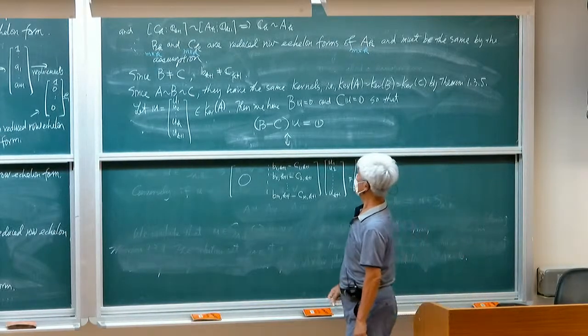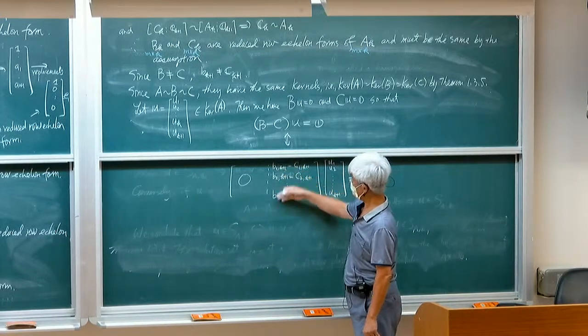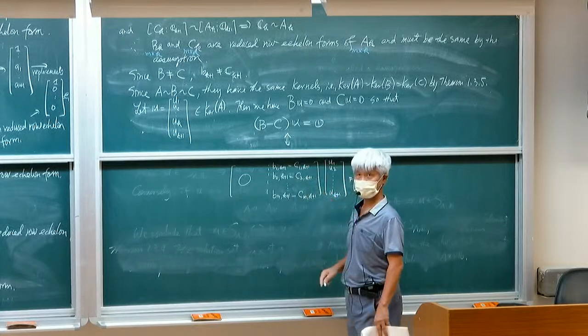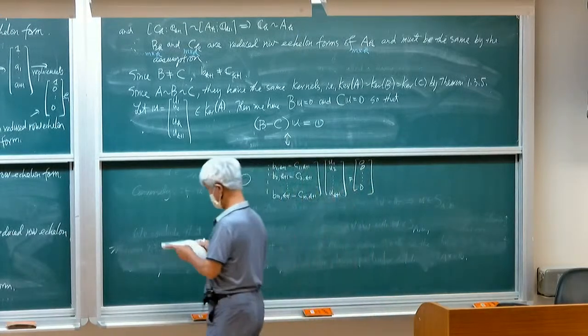All right, but because the B column and C column are different, at least one component is non-zero.